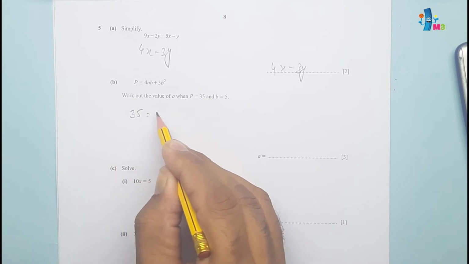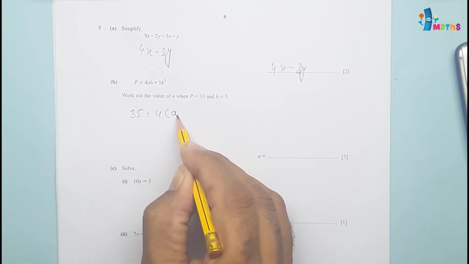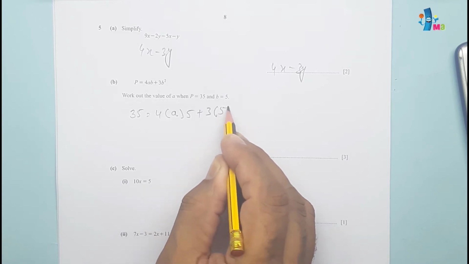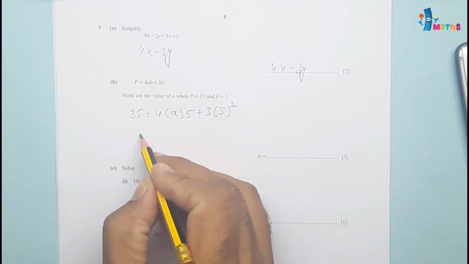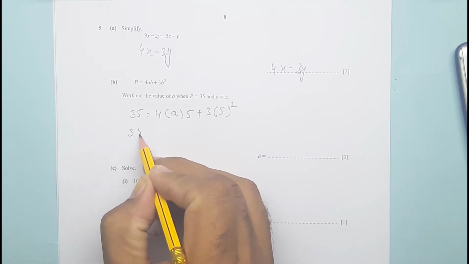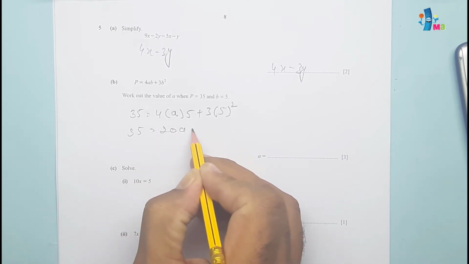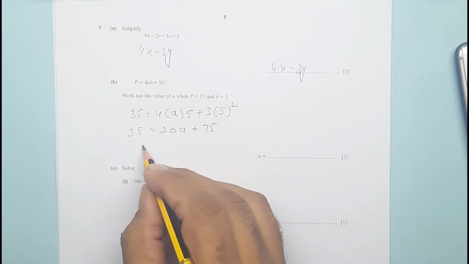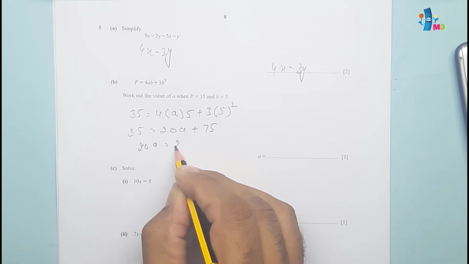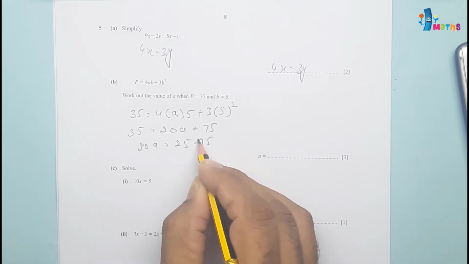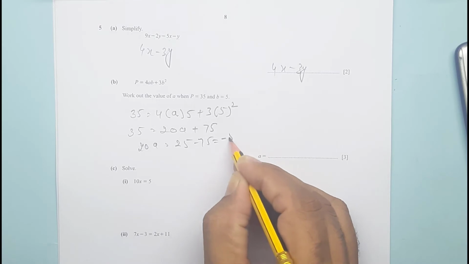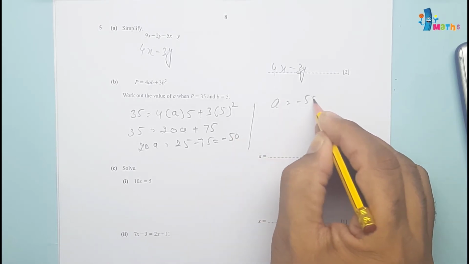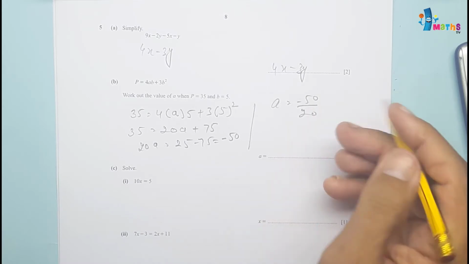So we can write 35 is equal to 4 into A into B value is 5, plus 3 into 5 squared, and this will be 35 is equal to 20A plus 25 into 3 will be 75, and so 20A is equal to 25 minus 75, which is equal to minus 50. So A will be equal to minus 50 over 20.